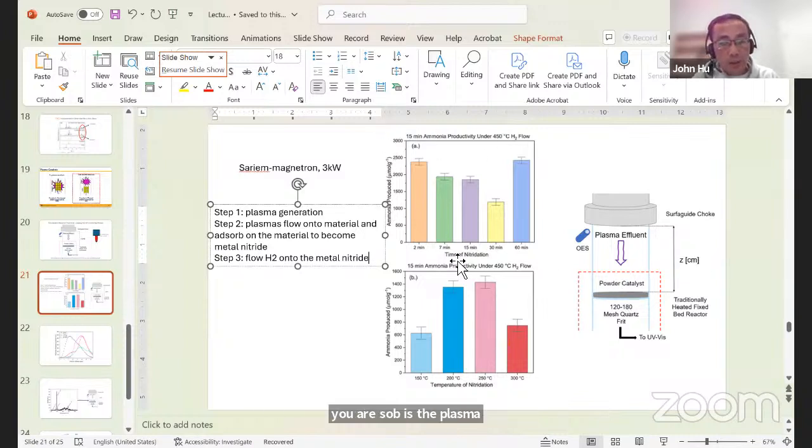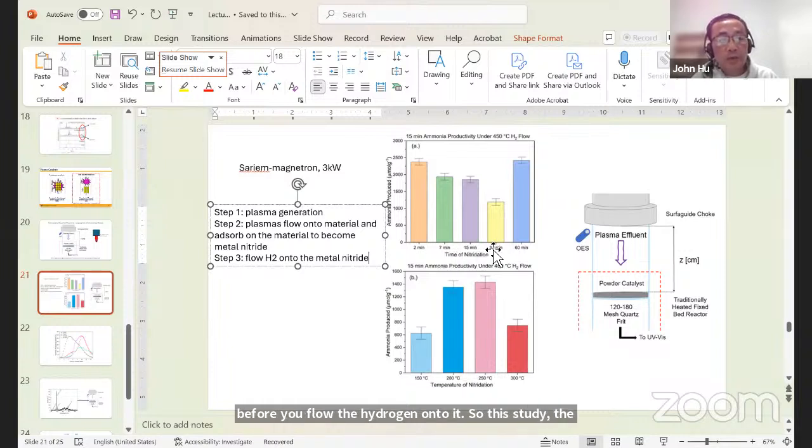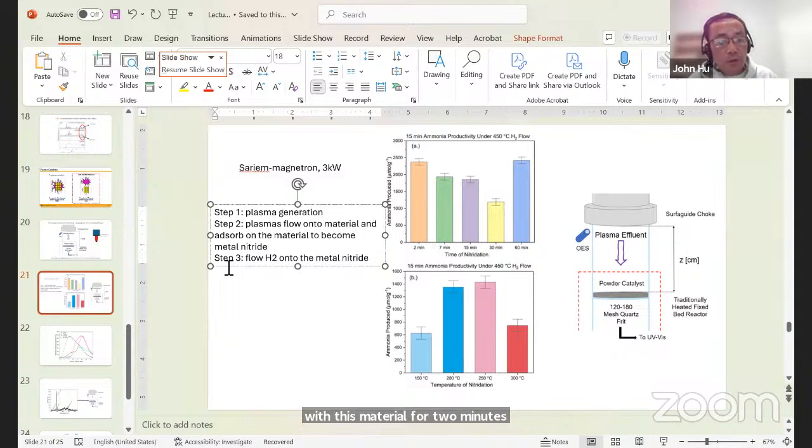So in this study, the top of the curve really shows 2 minutes, 7 minutes, 15 minutes, 30 minutes. That means we let the plasma interact with this material for 2 minutes, and then we go to step 3. 7 minutes means we run step 2 for 7 minutes of adsorption.